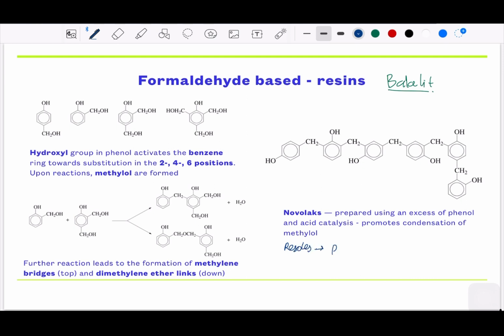This is prepared by excess of formaldehyde with base catalyst, and because there is excess formaldehyde, there will be some unreacted methanol, which we are going to see in these results.